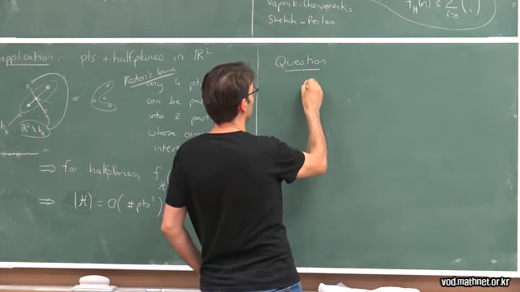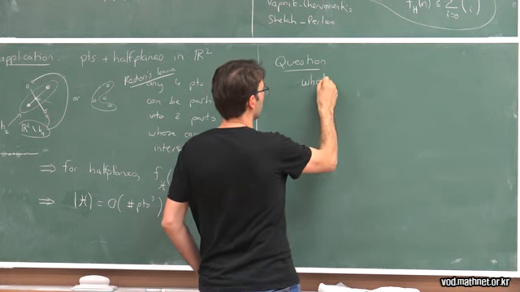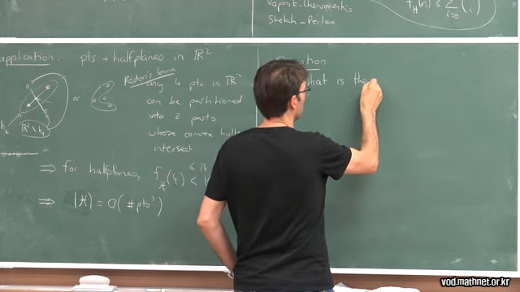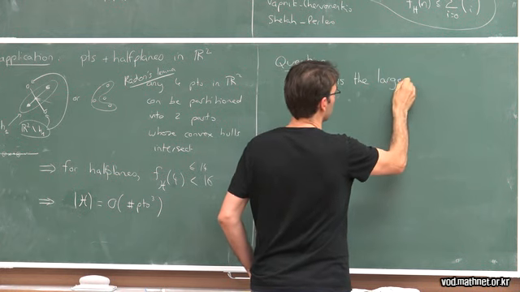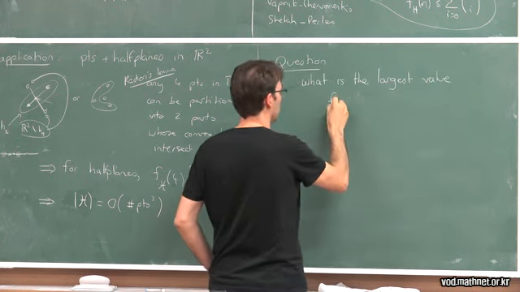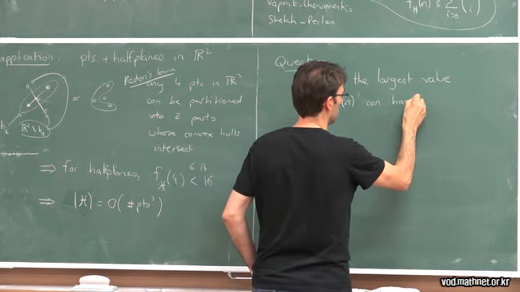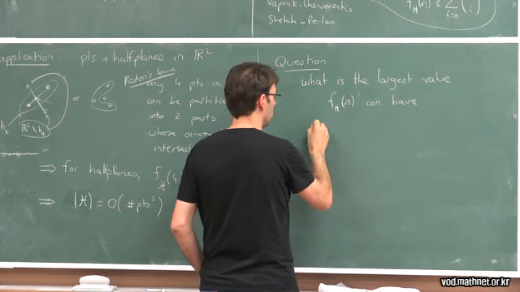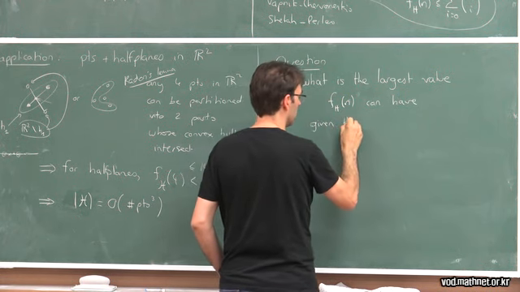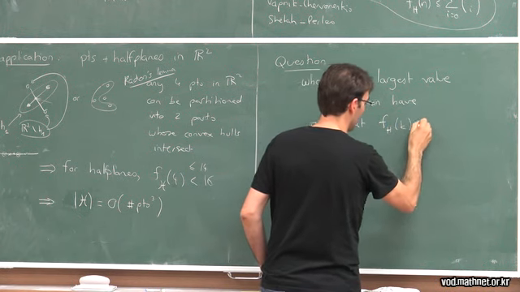So what is the largest value fh of n can have, given that fh of k is at most m?